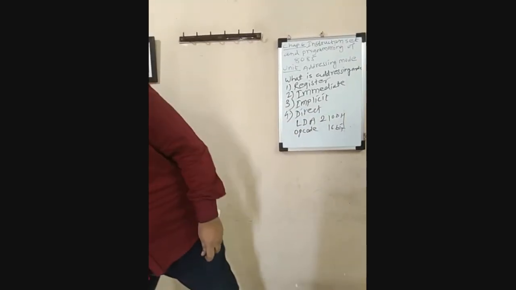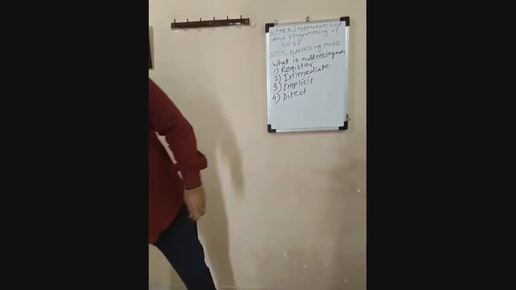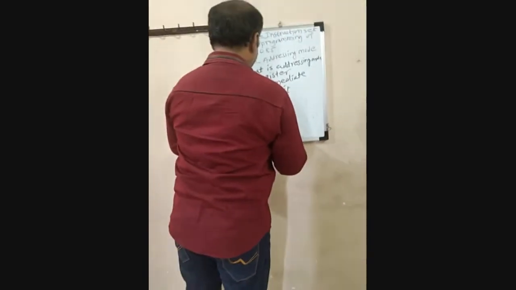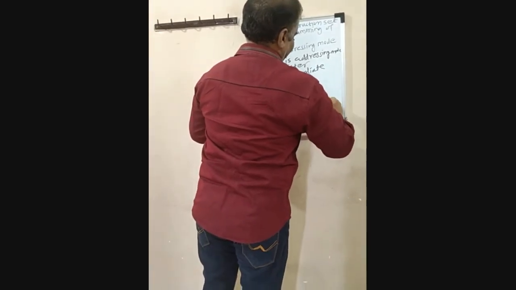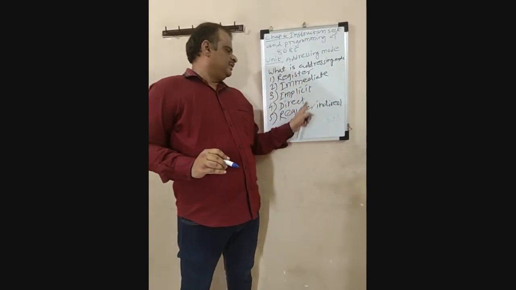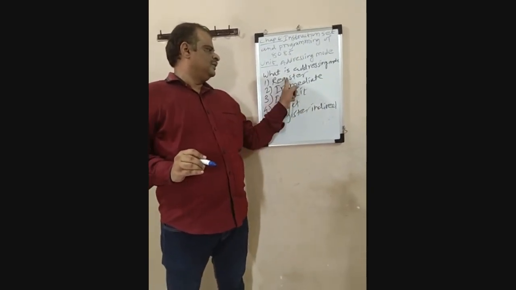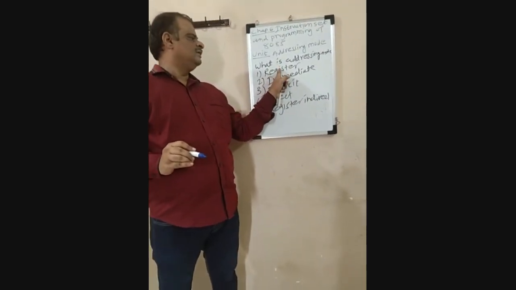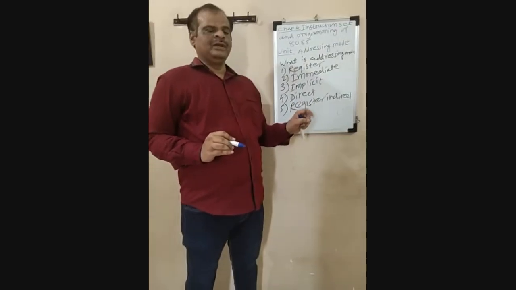Then the next addressing mode is register indirect addressing mode. Register addressing mode and register indirect addressing mode are two different things. Here it is a general purpose register, and there it is a register pair.